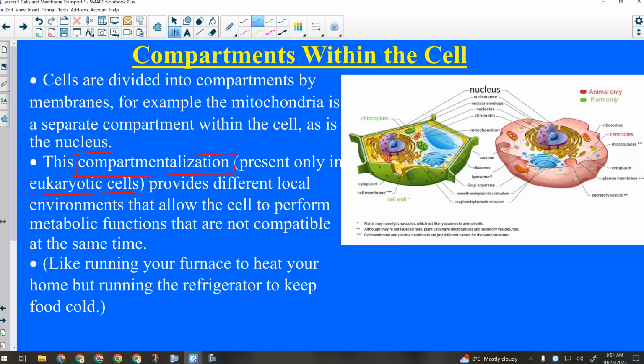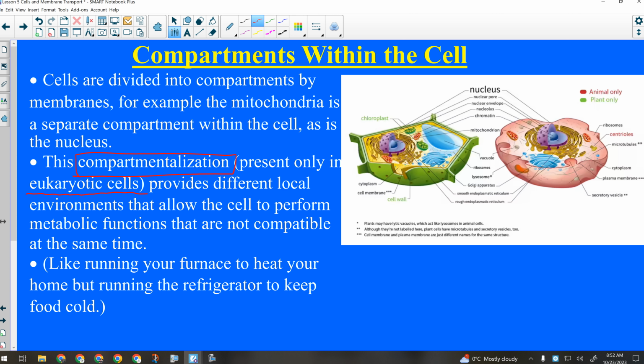And compartmentalization is a major advantage for any cell or organism whose cells have it, because compartmentalization allows processes that may not be compatible with each other to occur at the same time under ideal conditions.